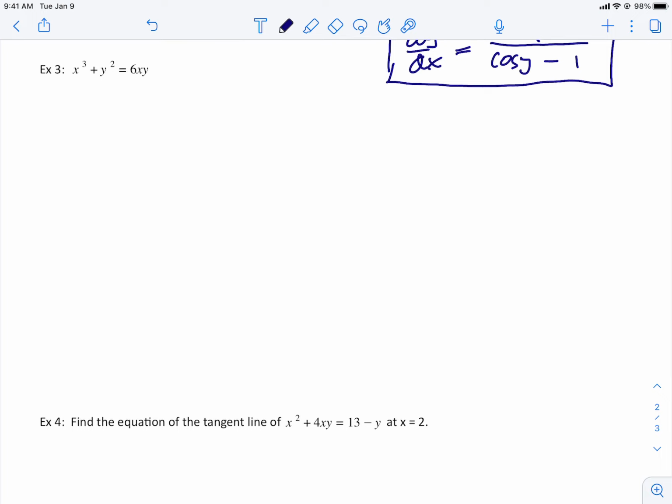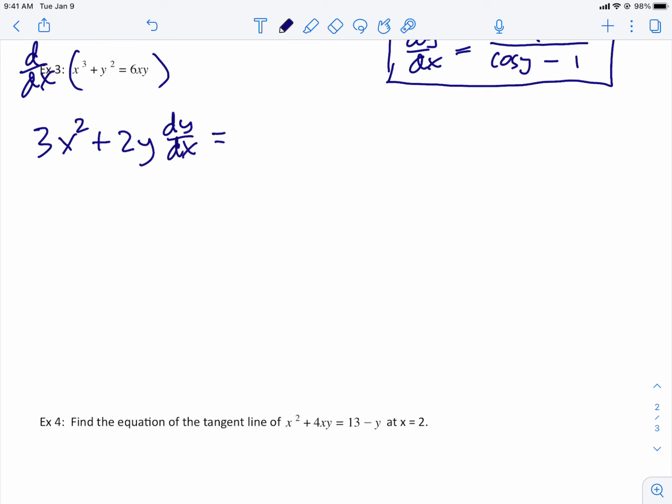All right, so again, I am taking the derivative of everything, the left-hand side and the right-hand side. So when I do that, I get 3x squared plus, this will become 2y, and again, once you do this enough, you just remember, yeah, attach dy dx. Okay, and I've shown you twice now why that's the case.